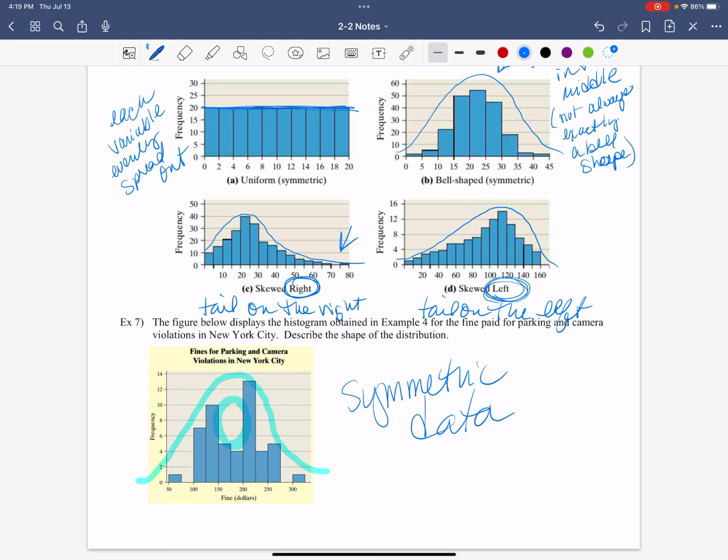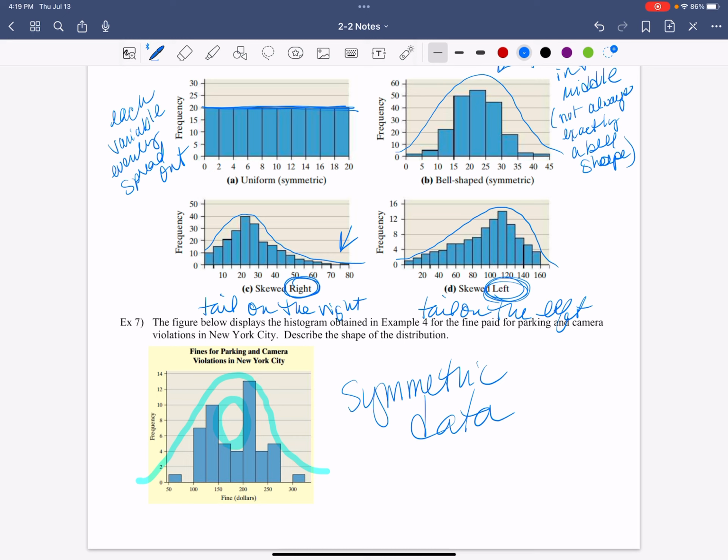It does go to the top, but with that empty spot in the middle, it is symmetric data. It's not exactly the bell shape that we're looking for, but it is certainly symmetric data.